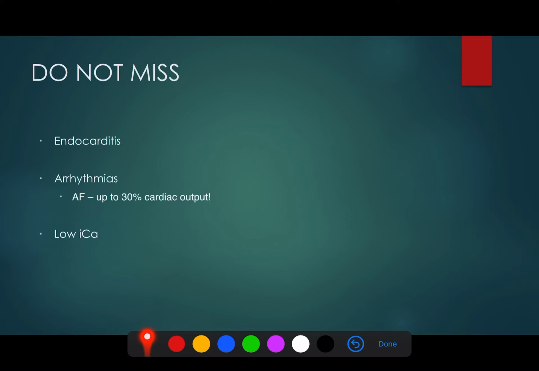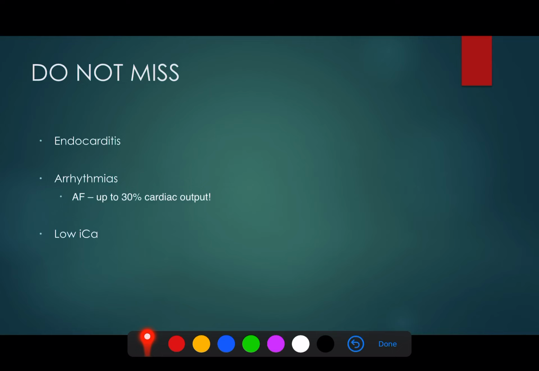Arrhythmias are really common in patients, and one particular arrhythmia that's very common in intensive care is AF. Be careful with AF, because if you've got a patient who's got a poor left and right ventricle to begin with, by getting rid of the atrial kick, which is what AF essentially is, you can drop your cardiac output by between 10 and 30%.